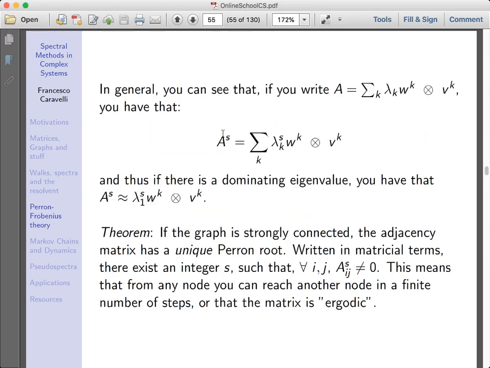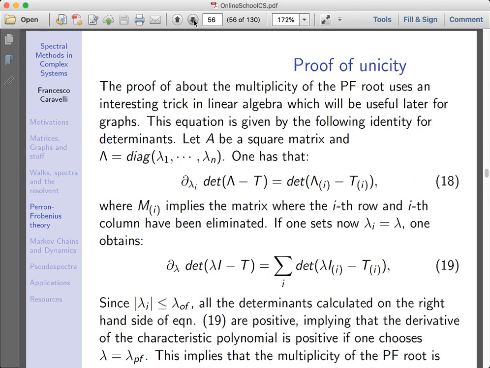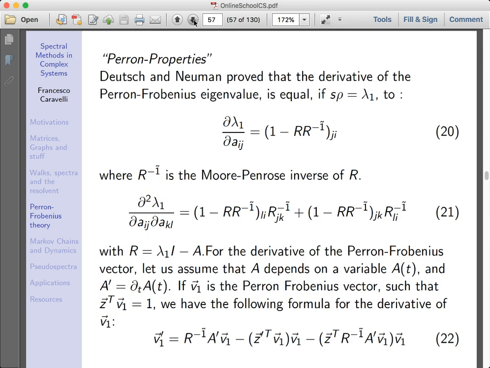This is exactly what I said before, that you can write A to the s as lambda to the s, where you have this tensor decomposition. But because the Perron root is unique, you're going to have a spectral gap, which is fine. I'll skip the proof of uniqueness.